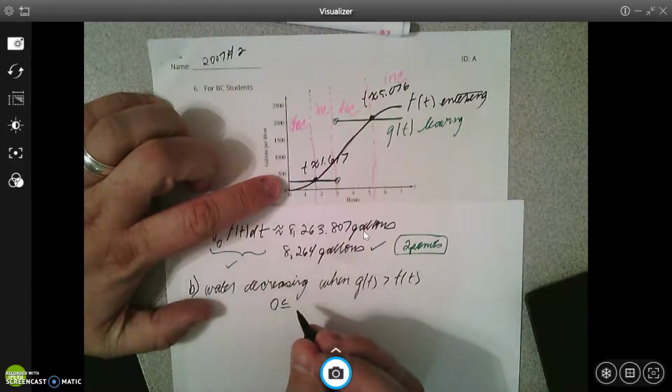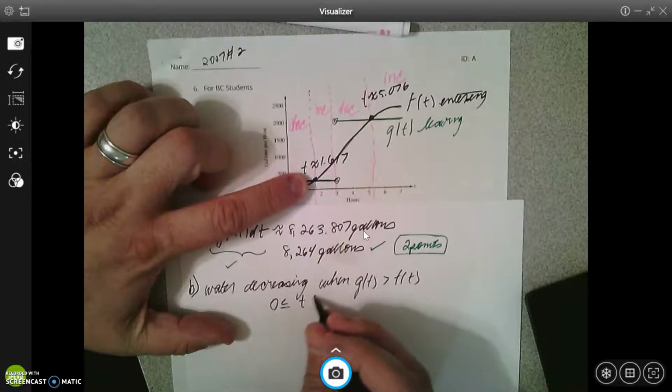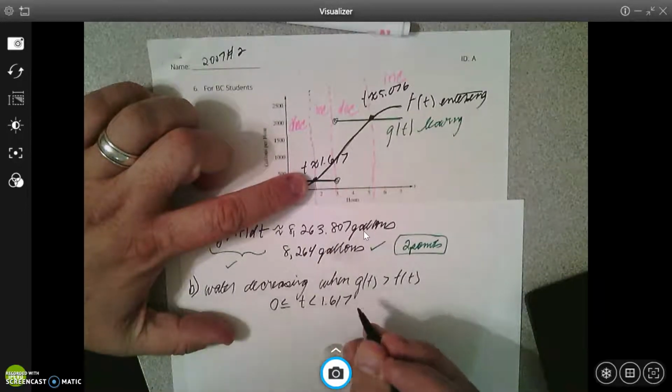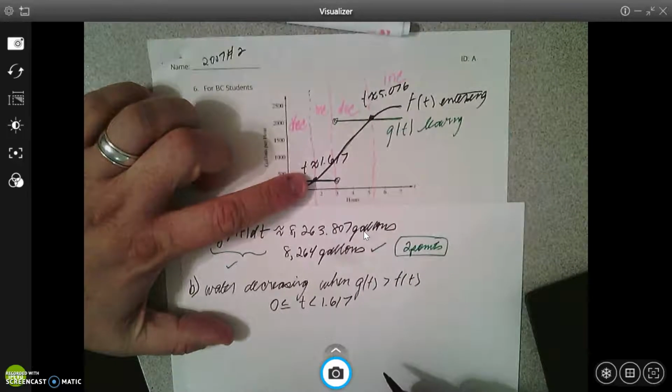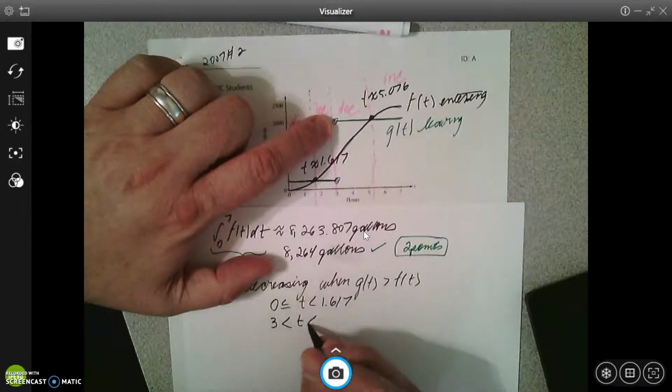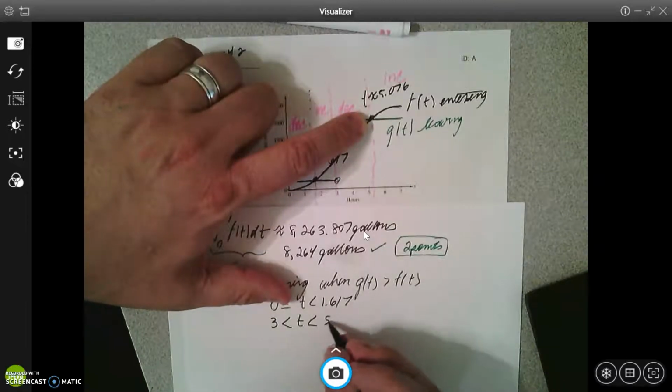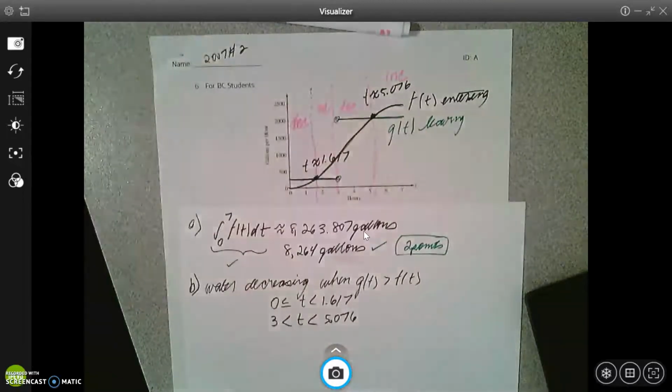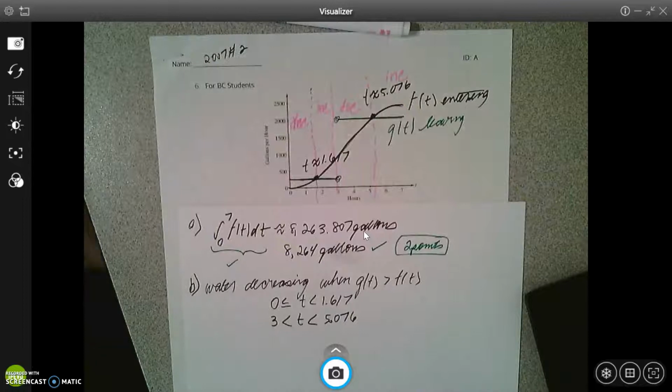That starts happening at time 0, and it continues all the way until I hit my first intersection point. Then it happens starting at time 3, and it continues all the way until I reach the intersection point 5.076.